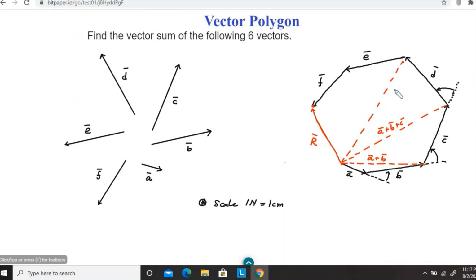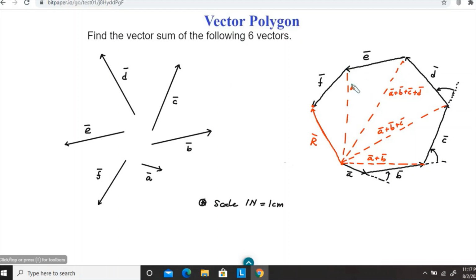And that sum would be vector A plus vector B plus vector C plus vector D. And for that sum, you are going to add vector E. So that is this. From this triangle, you get that result.